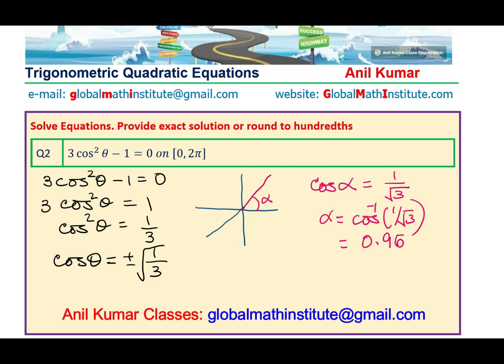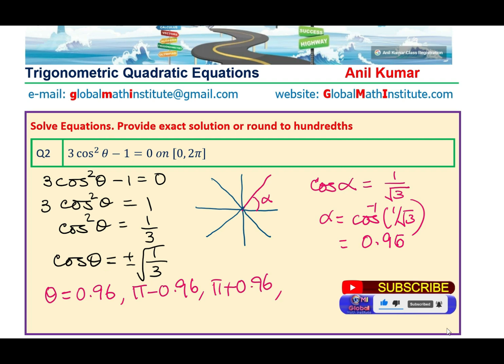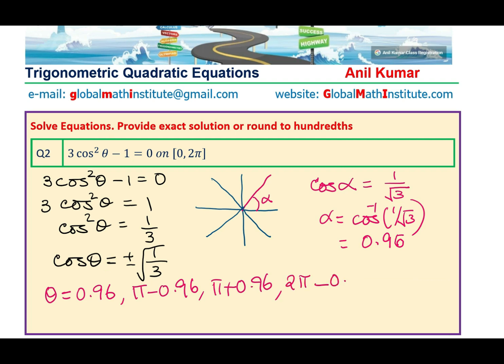So the four solutions can be shown on this particular graph, and therefore let's write down what theta could be, right? So theta is the related acute angle 0.96, and then it is pi minus 0.96, pi plus 0.96, and also 2 pi minus 0.96.